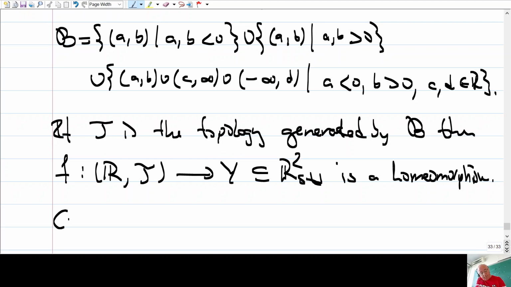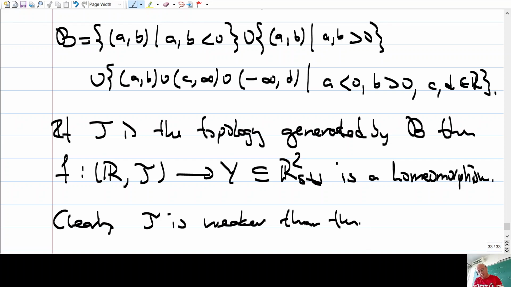So clearly, this tau is weaker than our standard.